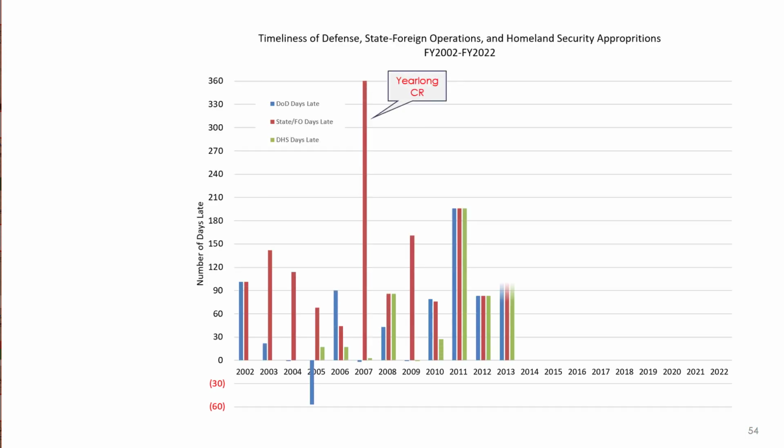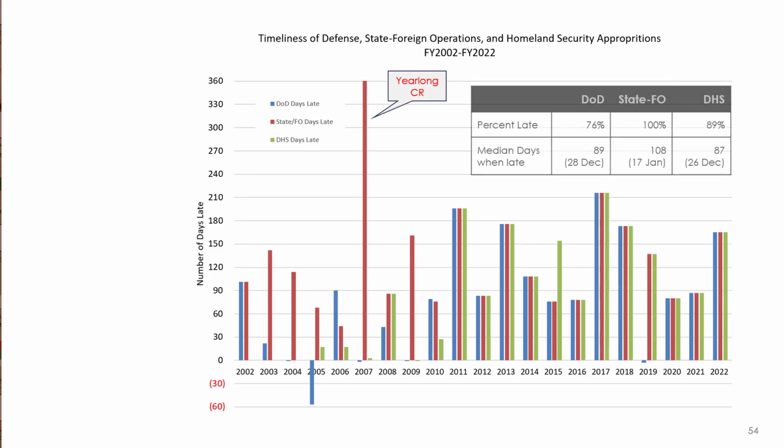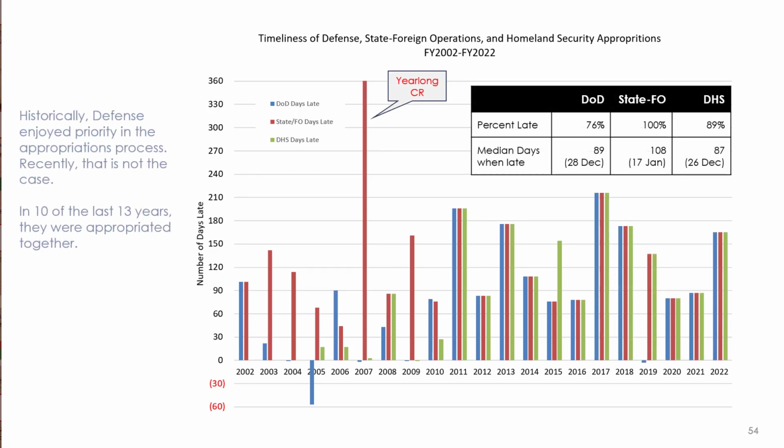So this chart is showing the tardiness of the defense appropriation, the state foreign affairs appropriation, and the Homeland Security appropriation. And historically, defense enjoyed priority in the appropriations process. It was almost always the first to be awarded if you went back and looked at the 70s, 80s, 90s.